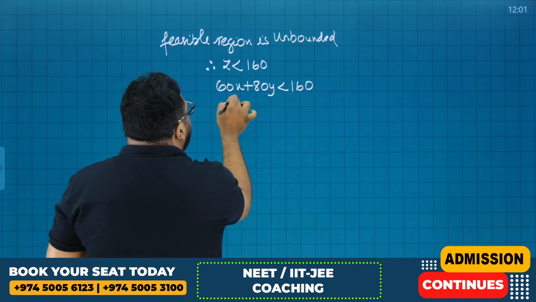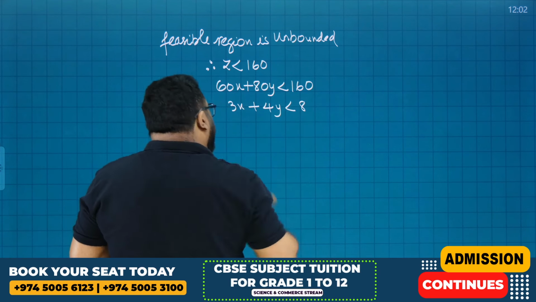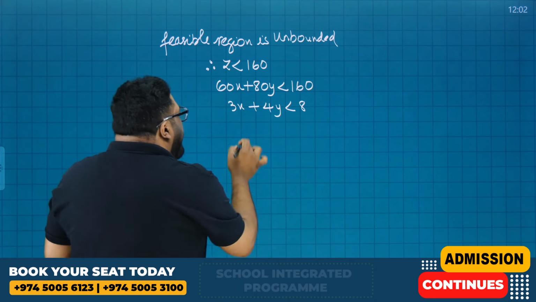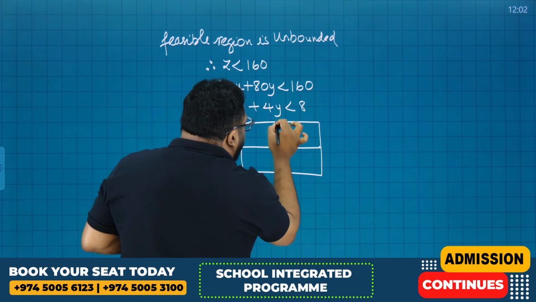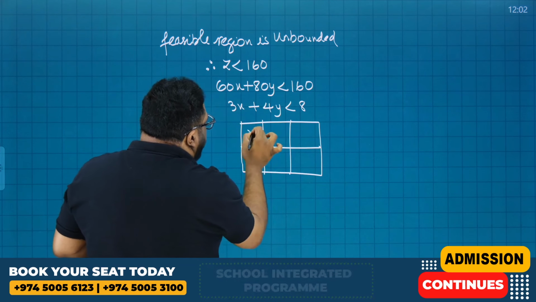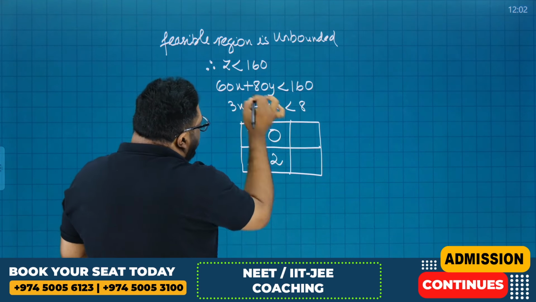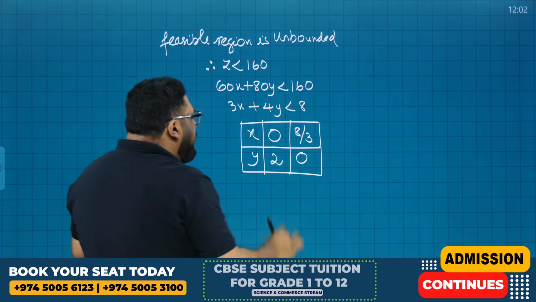It goes in 20, my dears. 3x plus 4y less than 8. Yes, we will draw an inequality for this. Let us try it out. If x is equal to 0, y is equal to 2. If y is equal to 0, x is equal to 8 by 3.